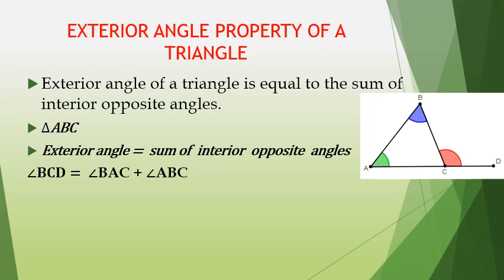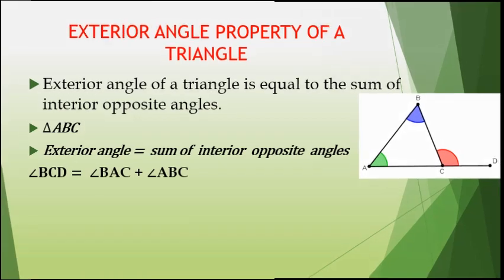That is, angle BCD equals angle BAC plus angle ABC. This is called the exterior angle property. By using this property, we will solve the sums.